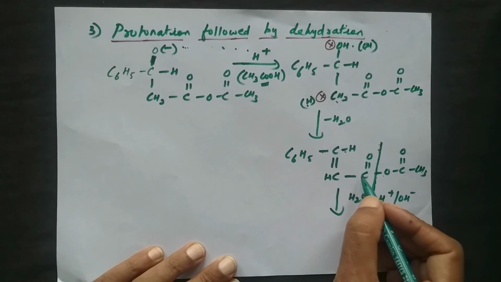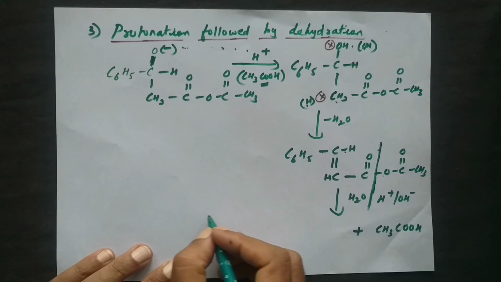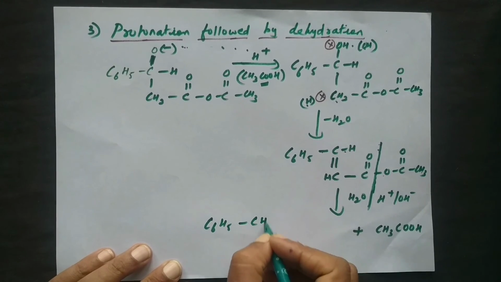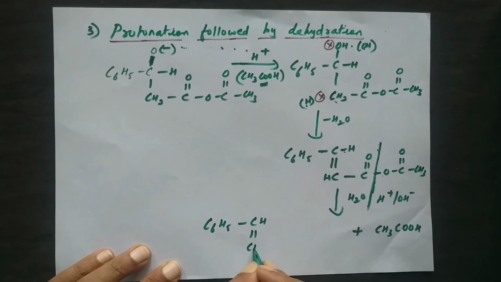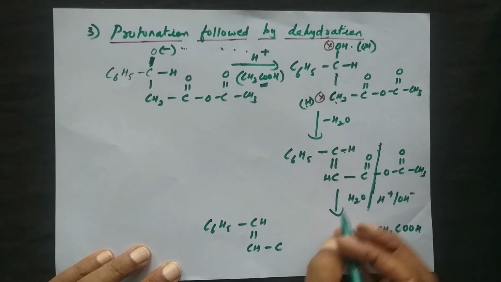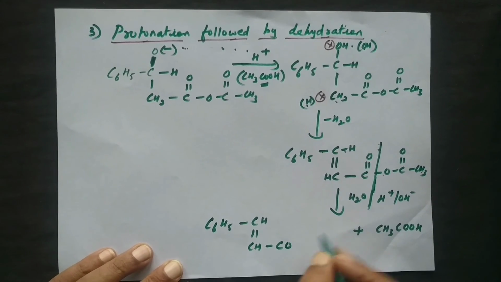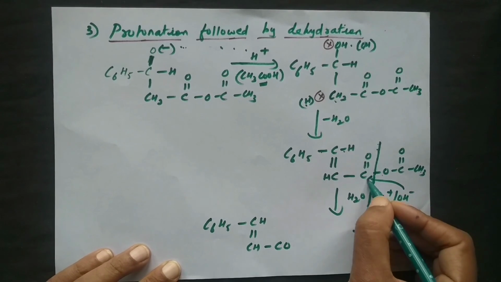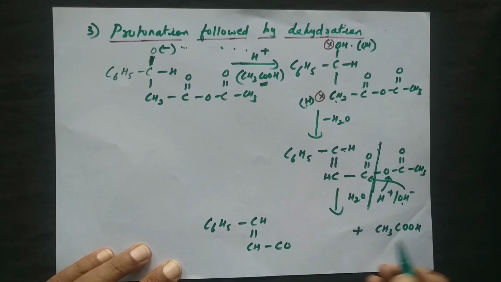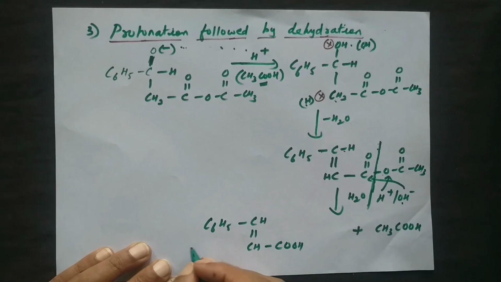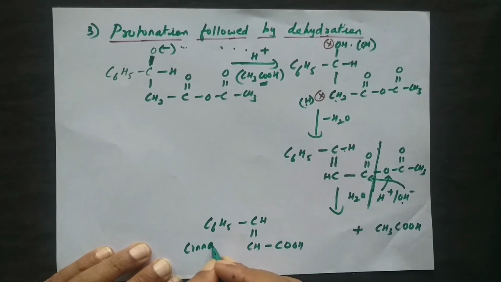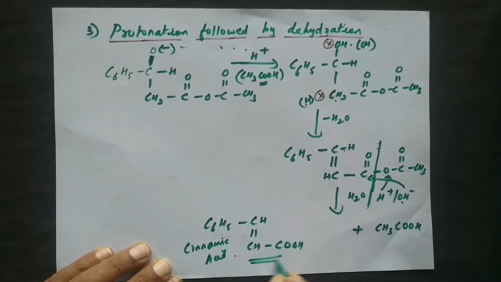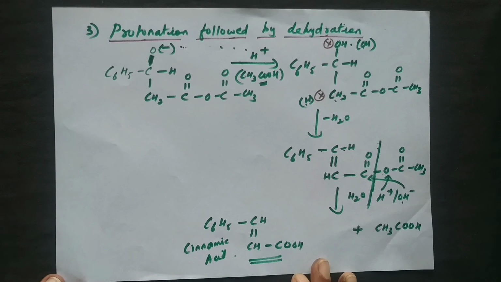Plus here the OH will come here. So this will be C6H5CH double bond CH, then CO and from here OH. The OH part will go there and the H will go here, which will be the cinnamic acid. And this will be the mechanism of the Perkin reaction.